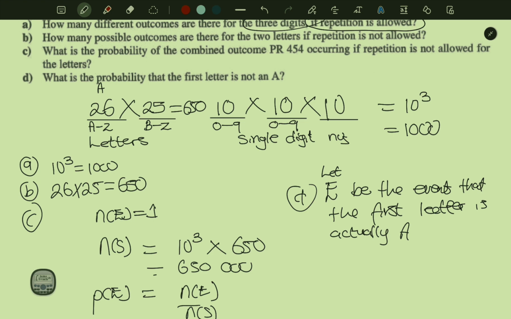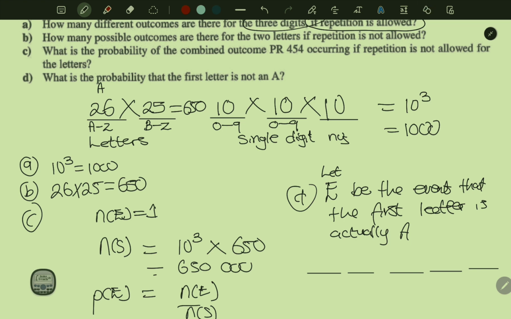So I'm going to look for the number of combinations such that the first letter is A. For me to do that, I'm going to use my little trick of drawing empty spaces. In this case, I'm going to draw 5 empty spaces: 1, 2, 3, 4, 5. Obviously, the first 2 spaces represent the letters.